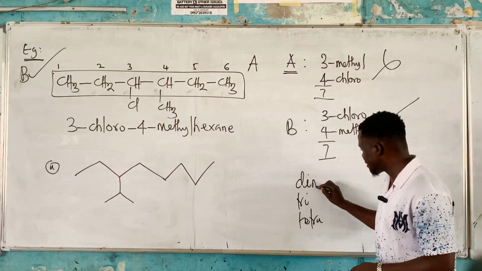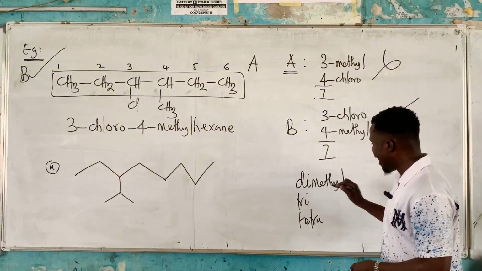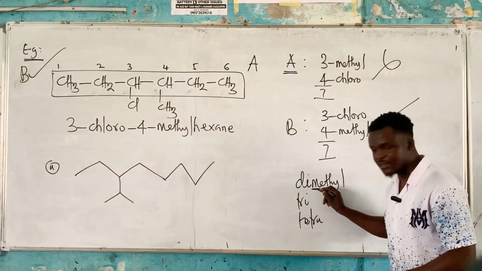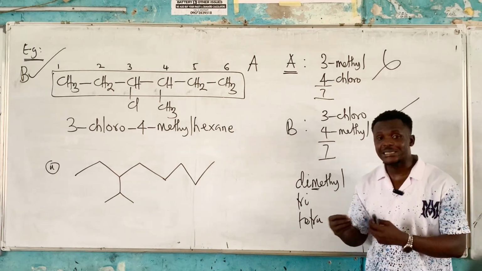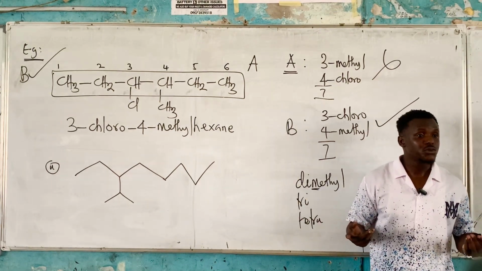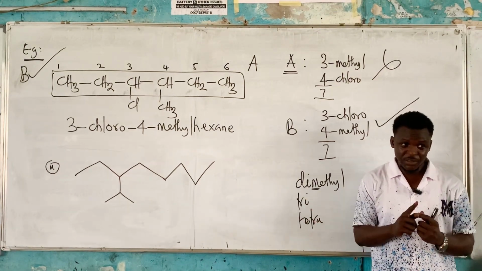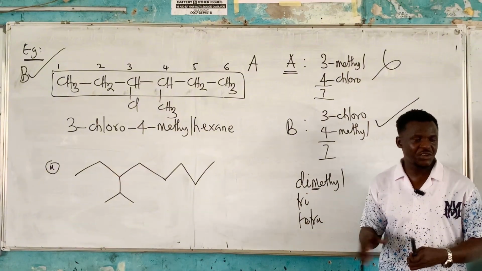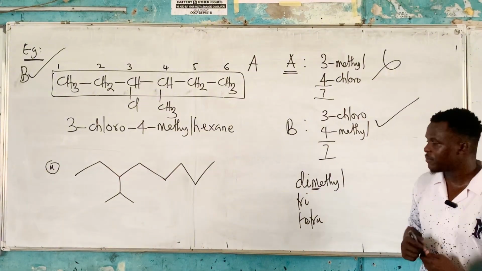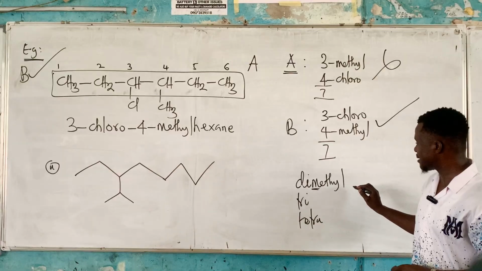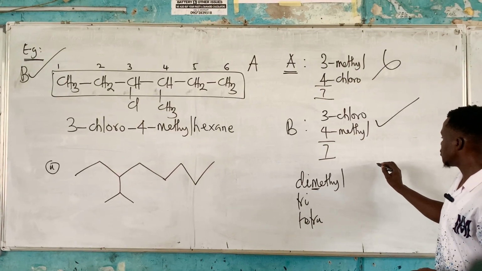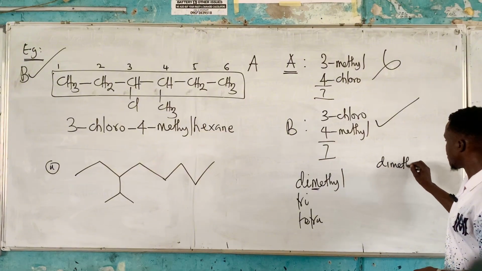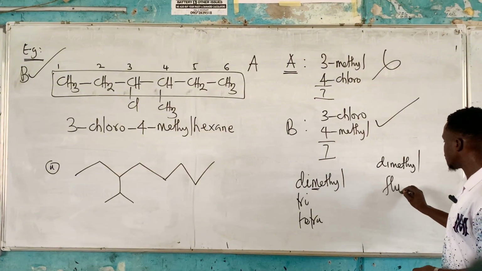If this is dimethyl, the alphabetical order you're going to consider is m, because methyl is a substituent, and di is only telling me that methyl is how many times? 2. Do you understand? So if you want to arrange it alphabetically, let's assume you have something like dimethyl and you have fluoro.